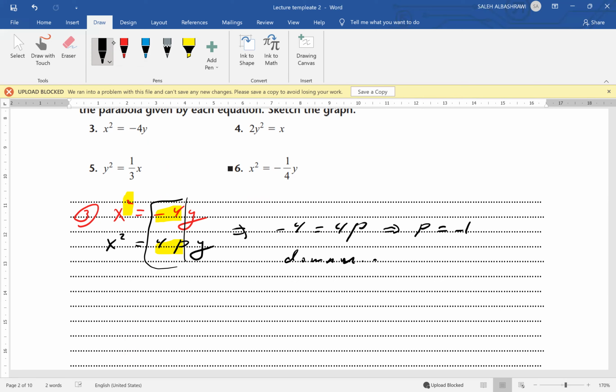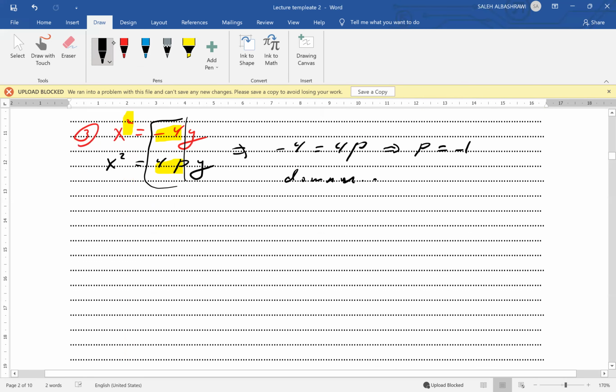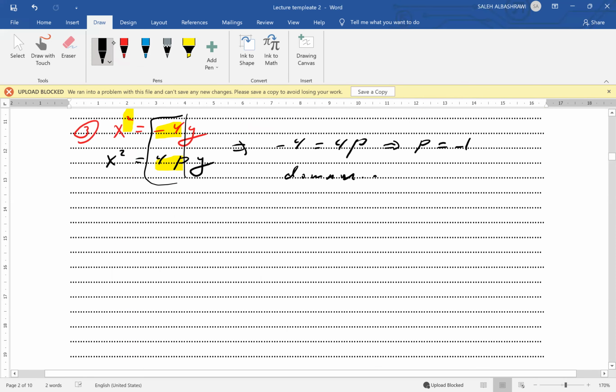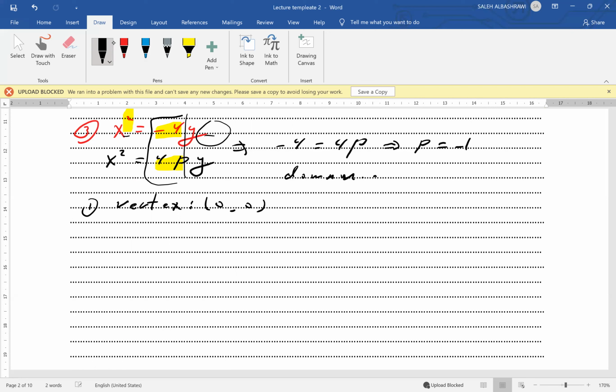Now I have p. So number 1, we found b. We know it is down. So we need to find the vertex first. Vertex will be 0 and 0. The coordinates of the vertex are the numbers with the x and y. Since we don't have anything with y, nothing with x, it is 0 and 0.